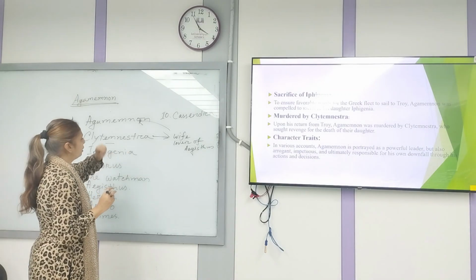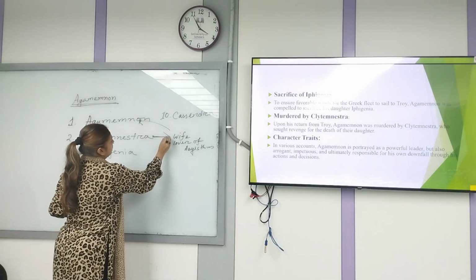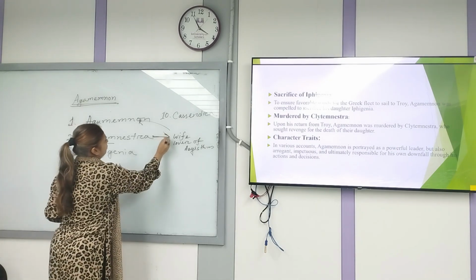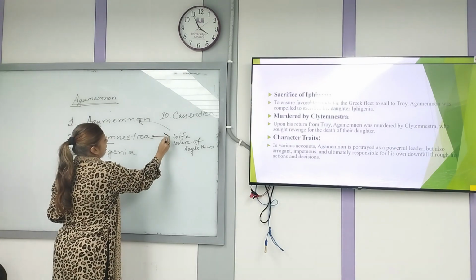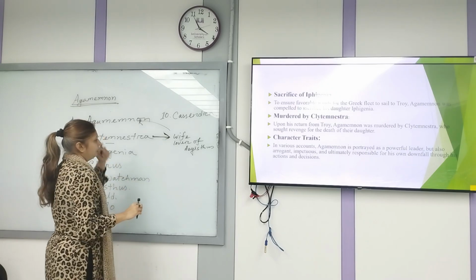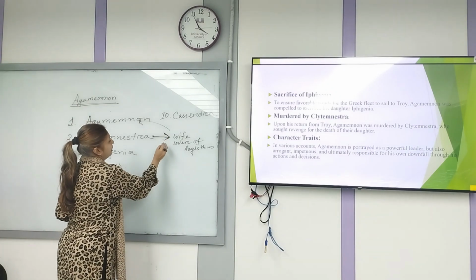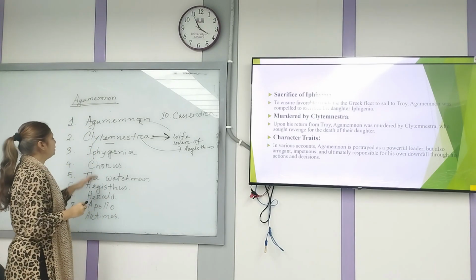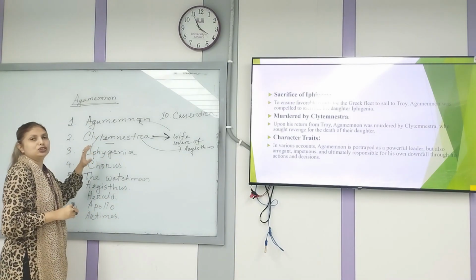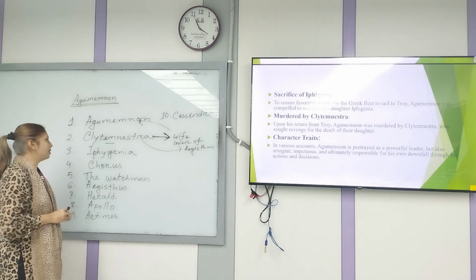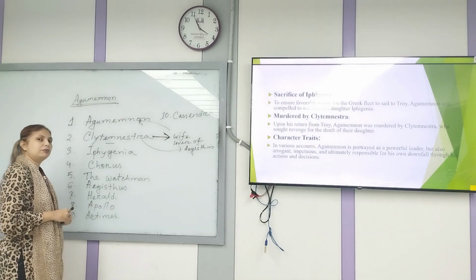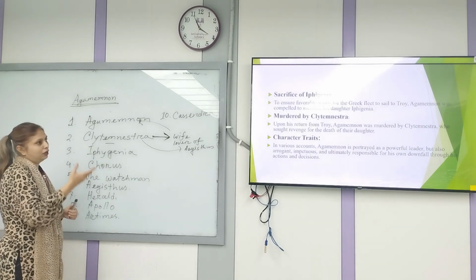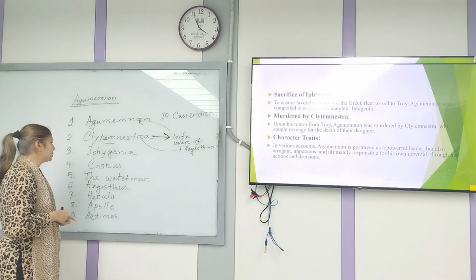Clytemnestra later killed Agamemnon with the help of Aegisthus. Okay. Iphigenia was the daughter of Agamemnon and Clytemnestra, and she was murdered by her own father to please the goddess Artemis.